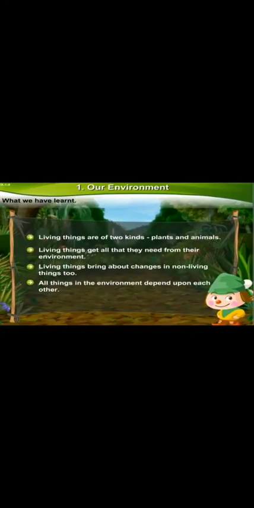Living things are of two kinds, plants and animals. Living things get all that they need from their environment. Living things bring about changes in non-living things too. All things in the environment depend upon each other.